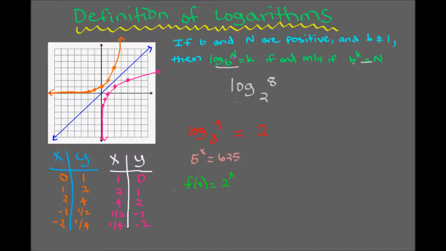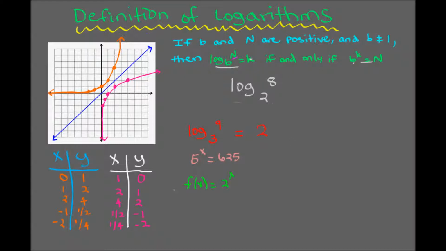And if we look at this n as sort of an exponent of the log, even though it really isn't an exponent, it'll be a bit easier to see the relationship, at least for me. The n, which is the exponent in the log, is what the exponential equation is equal to, and the exponent in the exponential equation, which is k, is what the log is equal to. So that's the relationship.